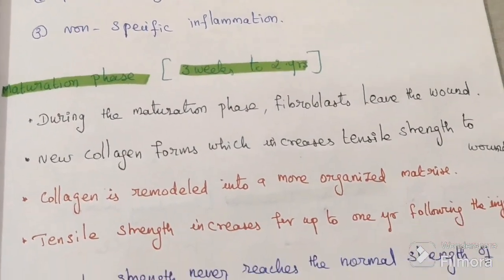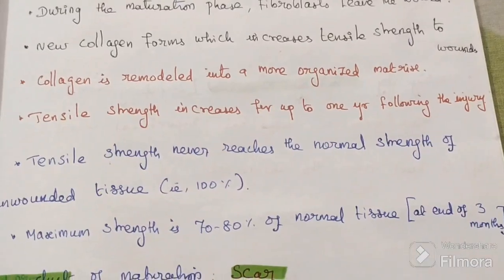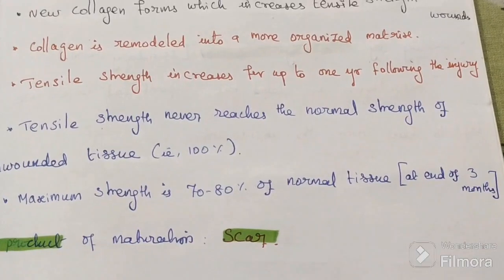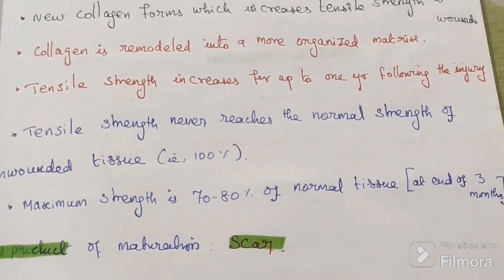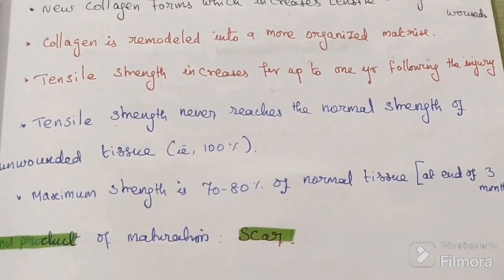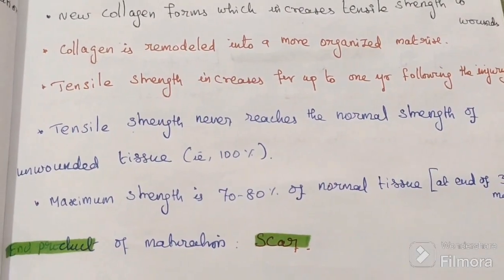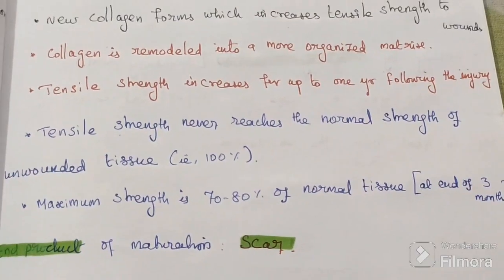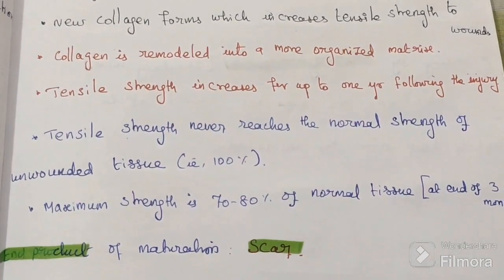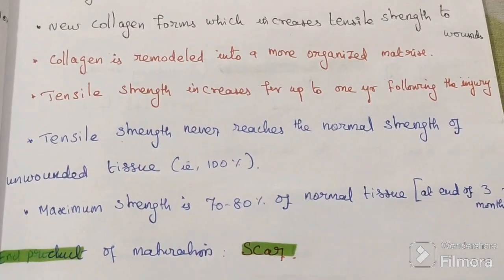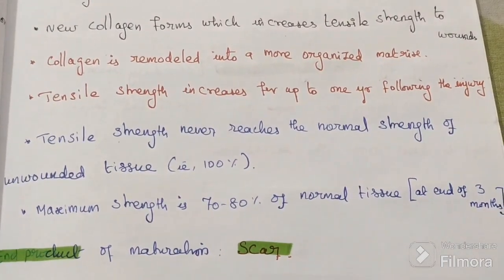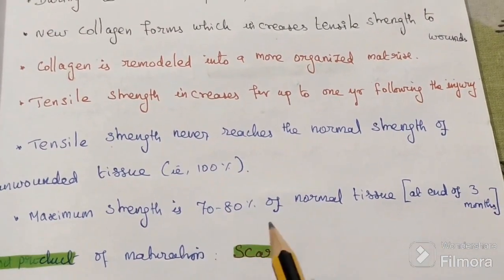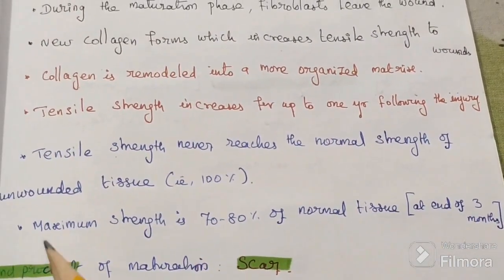Now only collagen is present, and everything else is gone. The collagen is an organized matrix, giving tensile strength. This increases up to one year, but never reaches 100%.